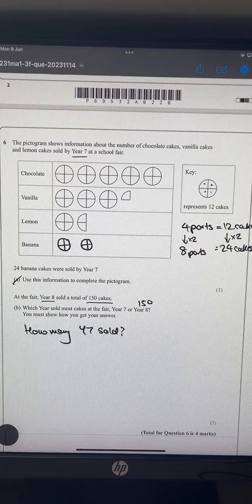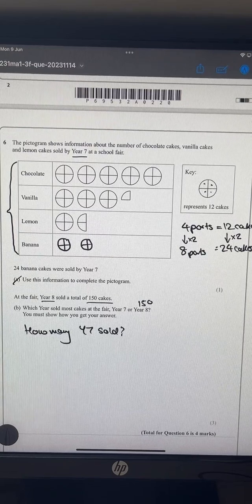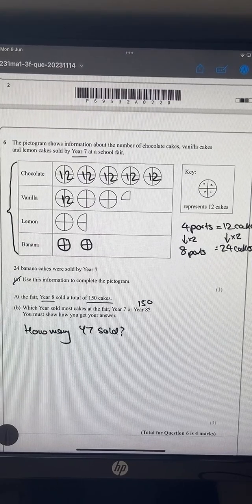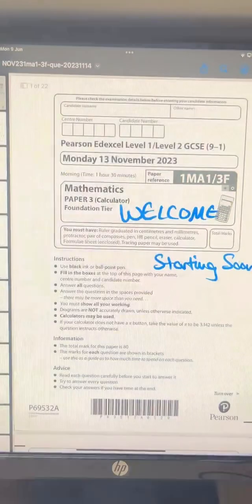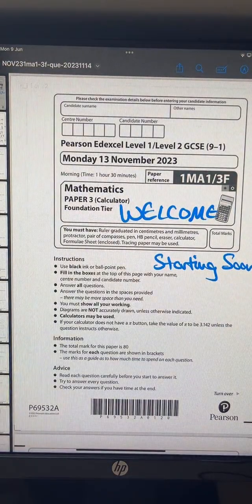Well, I know that they sold all of these cakes. So the whole circle is equal to 12. I'll first count how many whole circles I have and put the number there. So I've got 1, 2, 3, 4, 5, 6, 7, 8, 9, 10, 11. Oh, don't tell me it all rubbed out.